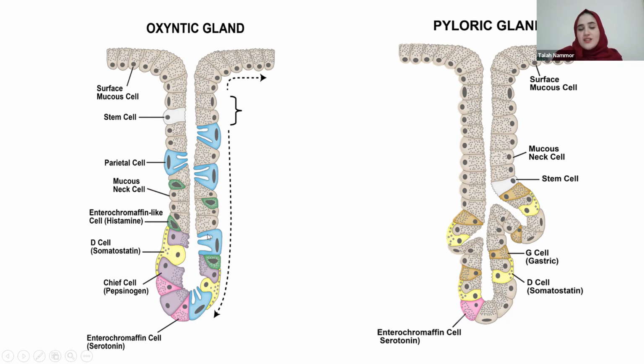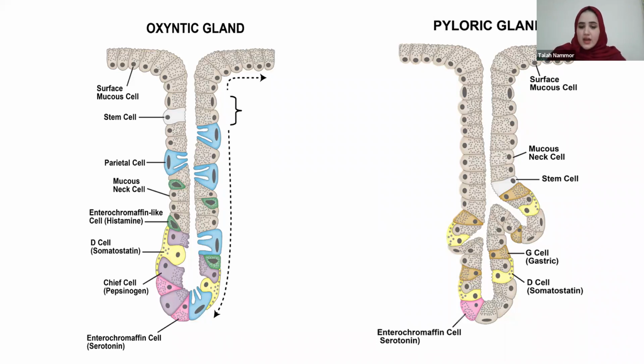Is this point clear, or did I confuse you guys? I got a little bit confused. Okay, listen. Now we have three hormones that bring about the release of HCl. But the most important one is histamine, and the strongest one is histamine, followed by acetylcholine, followed by gastrin.